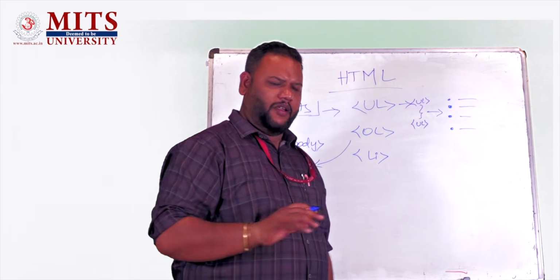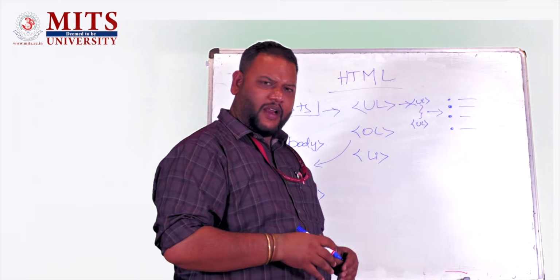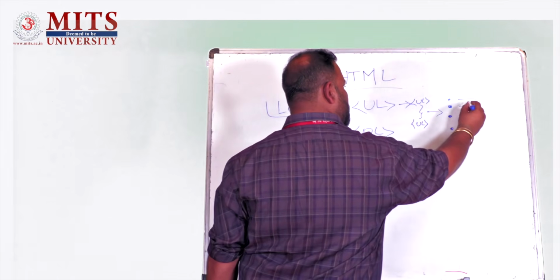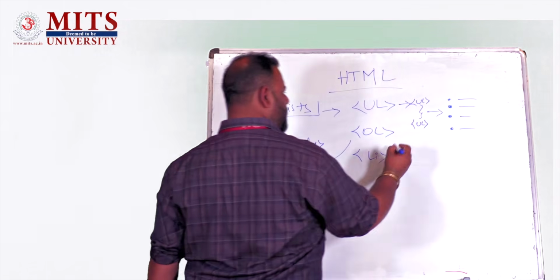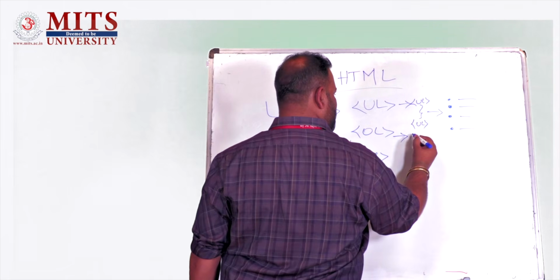So there is no particular order, but the list needs to be organized in a list manner, line by line. So it is going to create bullets, and the content is going to be organized. Ordered is the opposite of unordered.